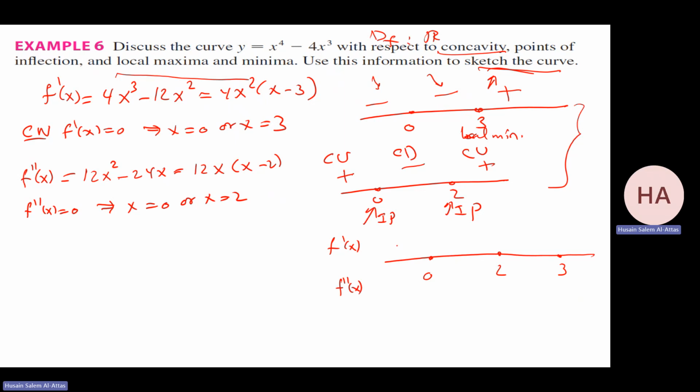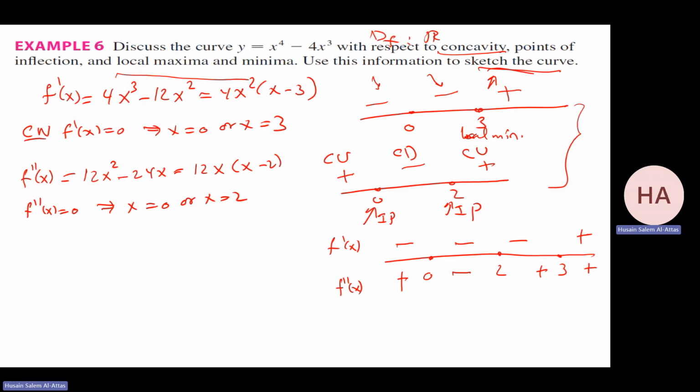Before 0, this is negative. Between 0 to 3, it's negative. And this is positive for f prime. F double prime before 0, it's positive. Between 0 and 2, it's negative. More than 2, it's positive. Okay. Now, if I want to graph the function, let me do the graph of the function in the next page. I'll take this with me.